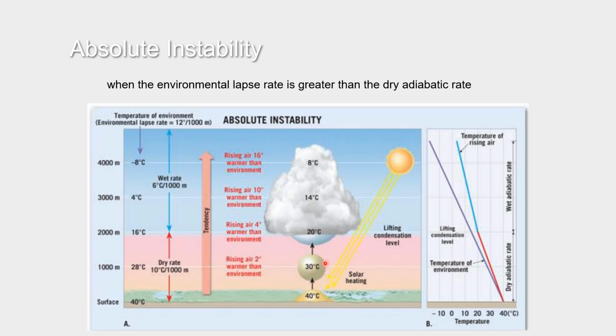The air is not stable because of its buoyancy. Because this air is buoyant, since the rising air is warmer than the environment, it will go up, and it could actually produce severe weather.